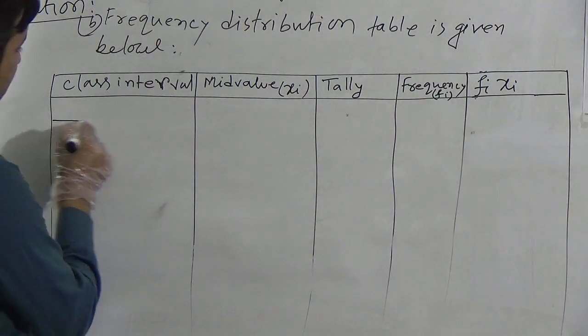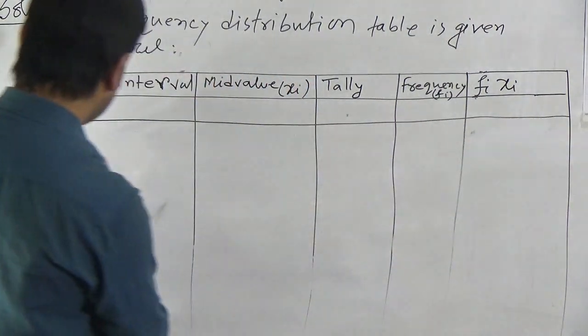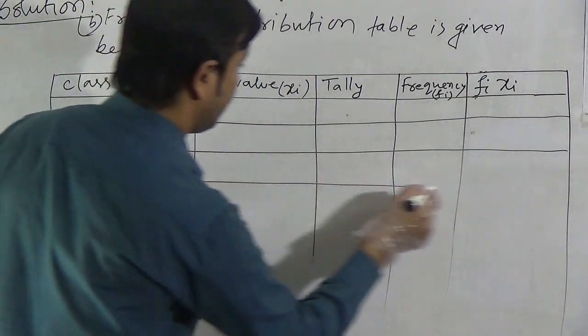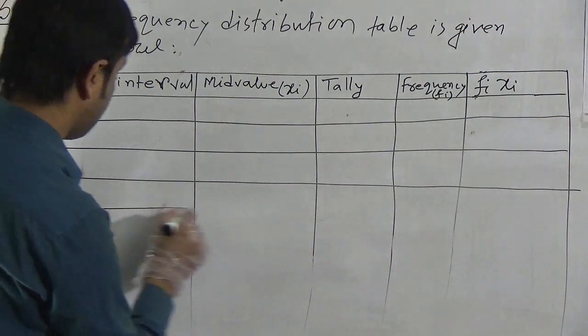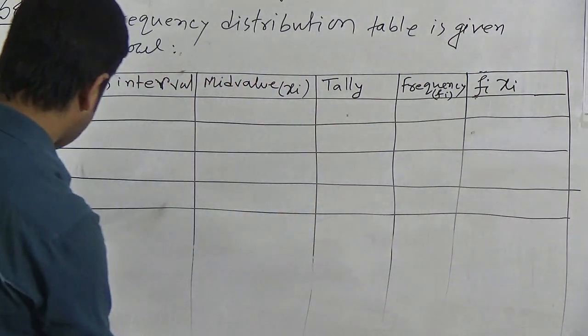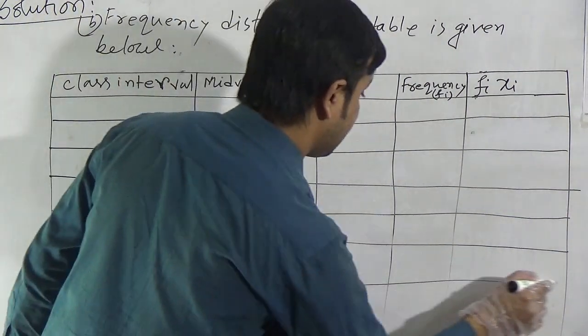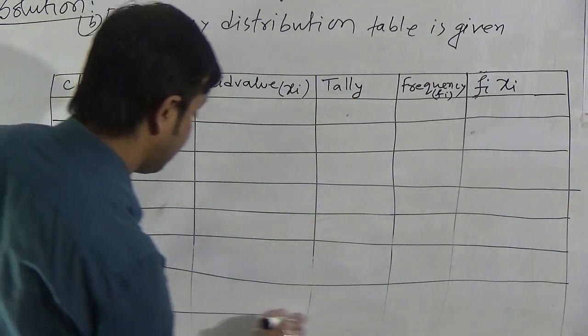Now 7 classes will be here. 1, 2, 3, 4, 5, 6, 7.